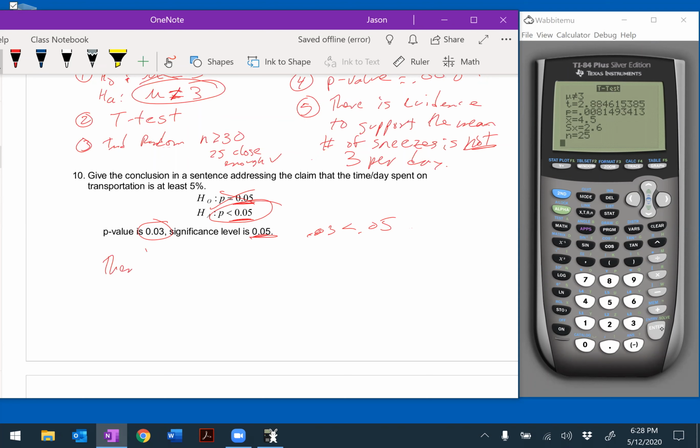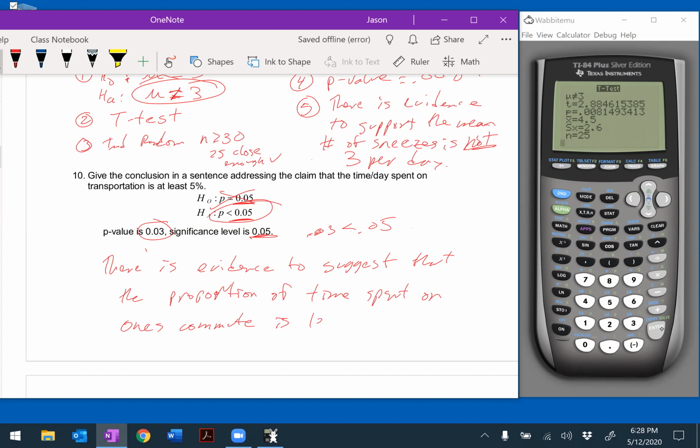Once again, there is evidence to suggest that the proportion of time spent on one's commute is less than 5% of their day.